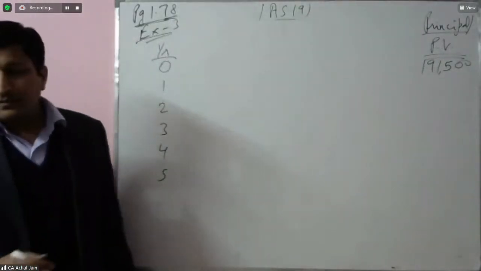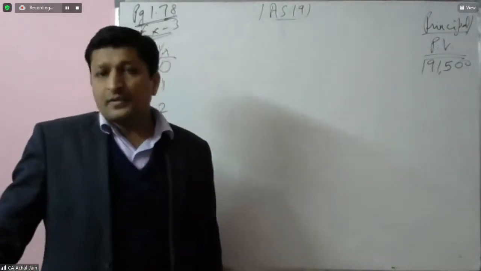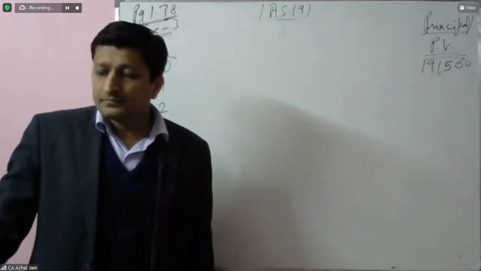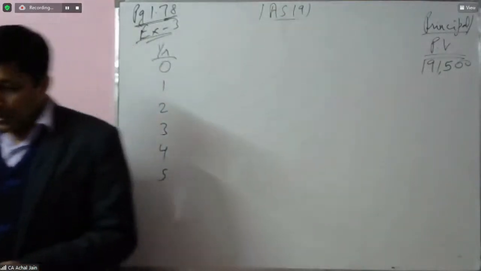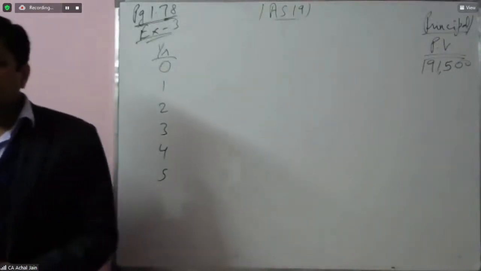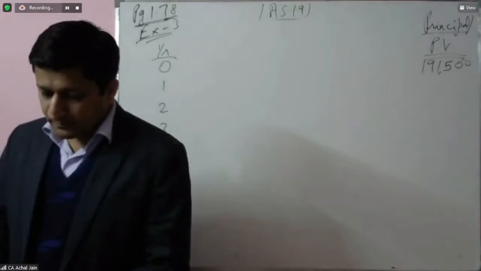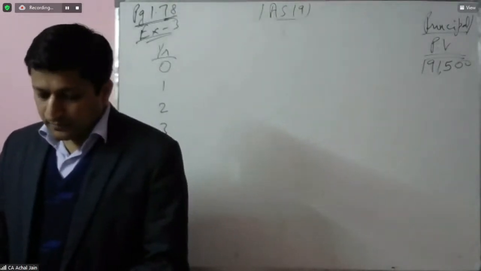Now next year, what will happen? At the end of year 1, we will build interest on this. So let's compute the amount of interest. What is the rate of interest? 12.6%. So you can start computing interest on this.